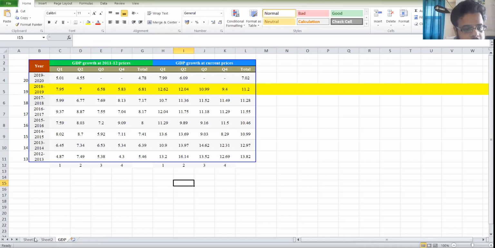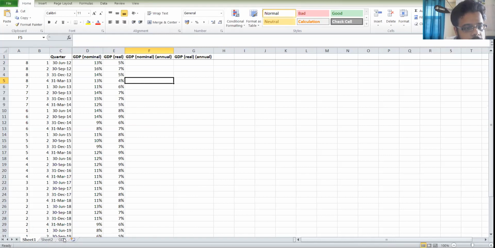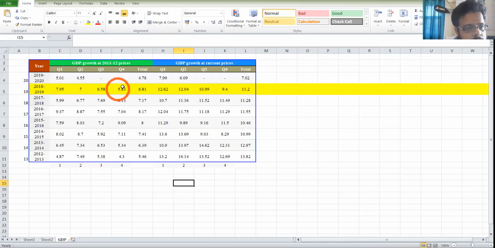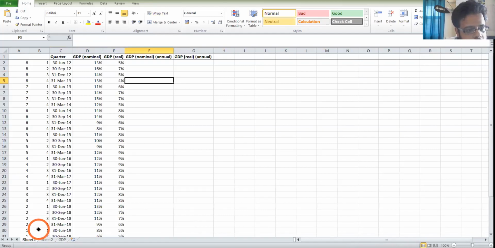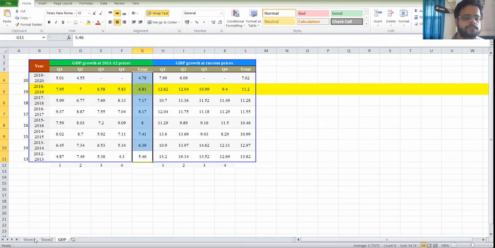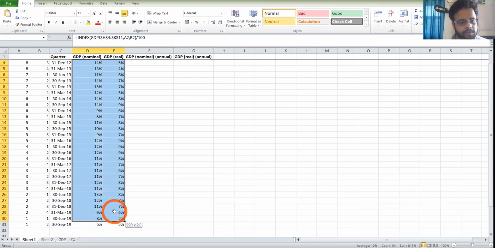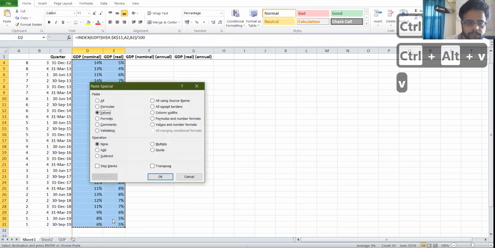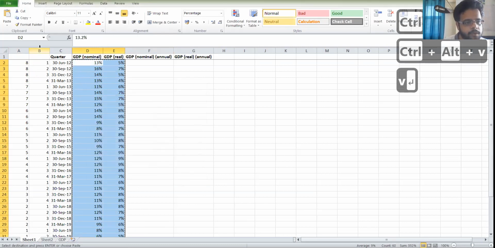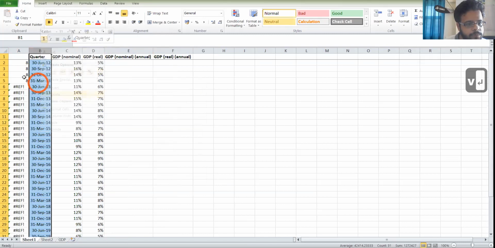For the real growth rate, I'm going to use the first array, and the answer for quarter 3 is this one. So this is where I want to pull my data from. And this is 13, 14, 15, 16, 17. So this is done. I can freeze this. The work of this is over.